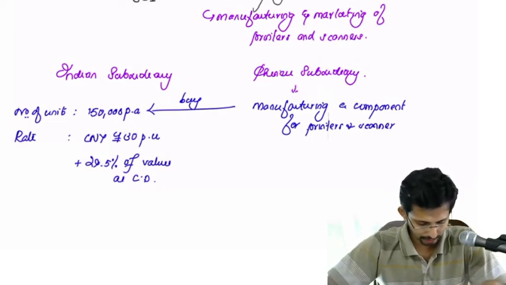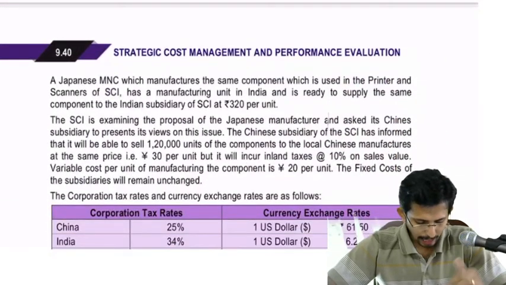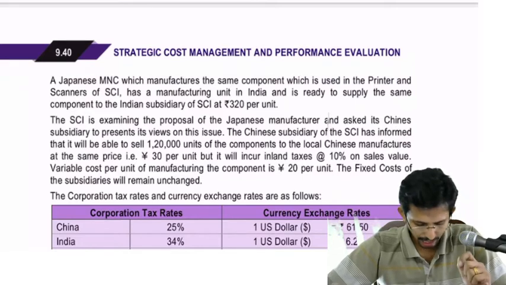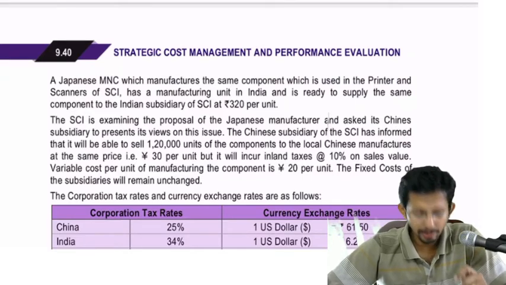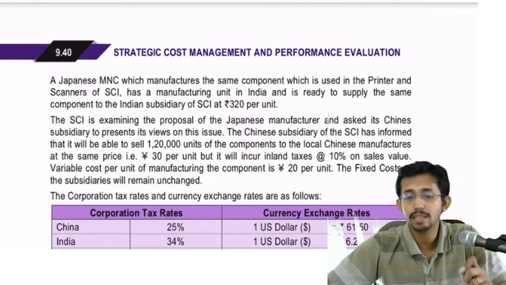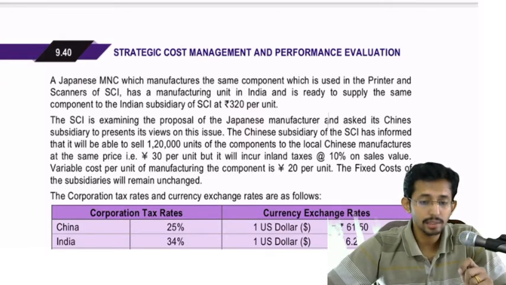Now going further, what is given in the question? A Japanese MNC which manufactures the same component used in the printers and scanners of SCI has a manufacturing unit in India and is ready to supply the same component to the Indian subsidiary of SCI at rupees 320 per unit.